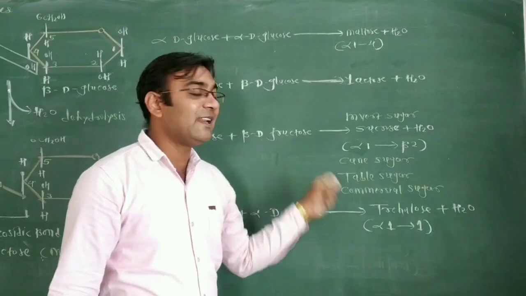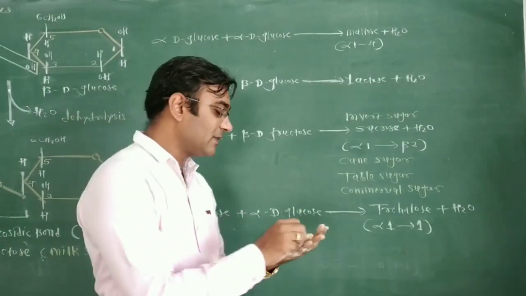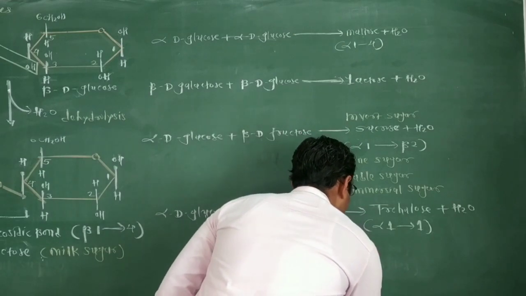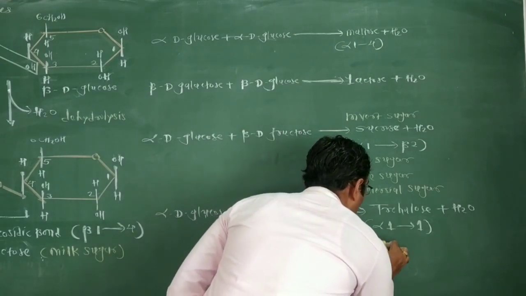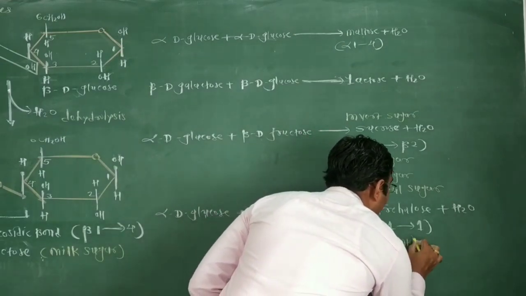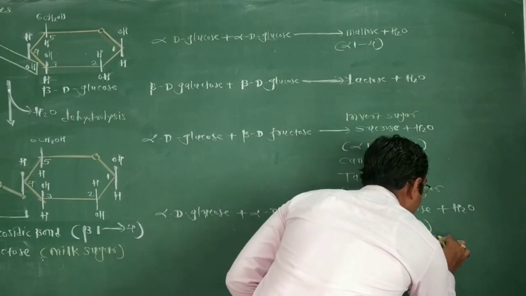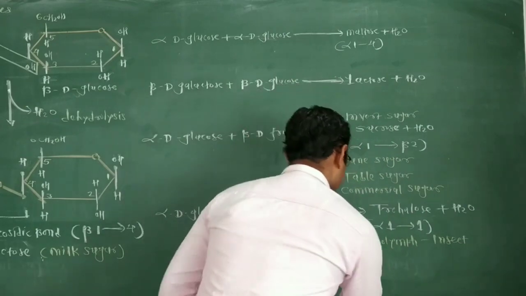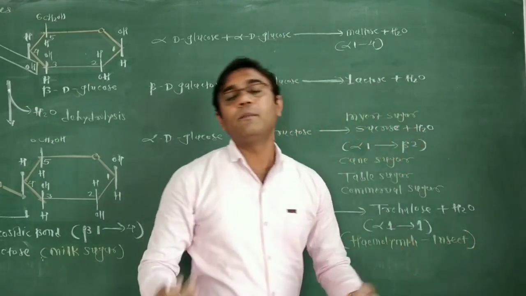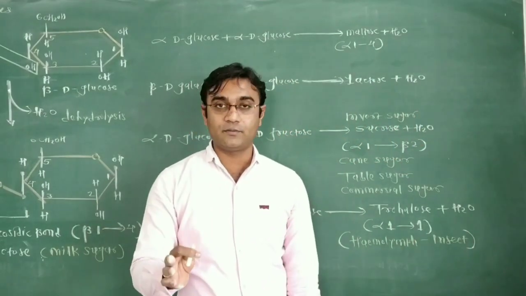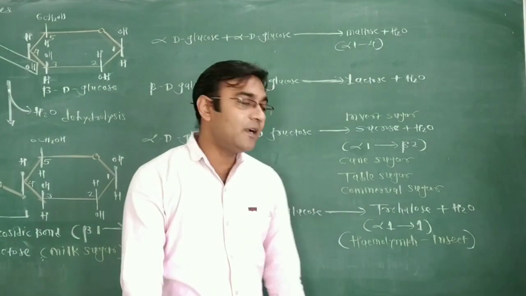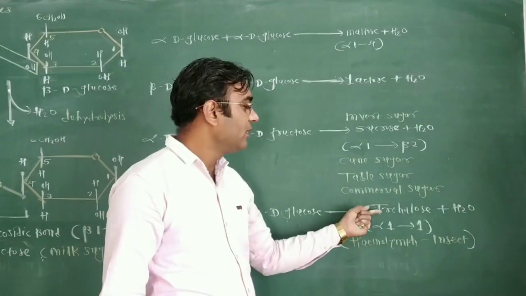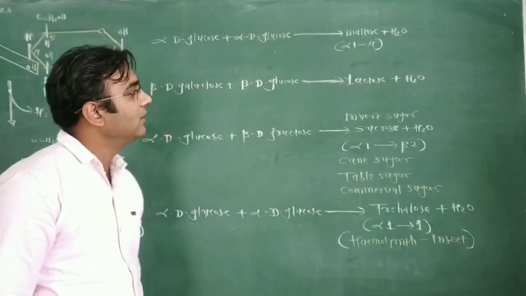So that is trehalose. Trehalose is present inside the hemolymph of insects. Is our blood having more glucose? Same way, the blood of insects, that is hemolymph, has trehalose sugar present.